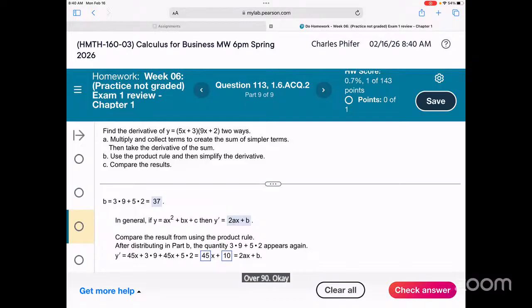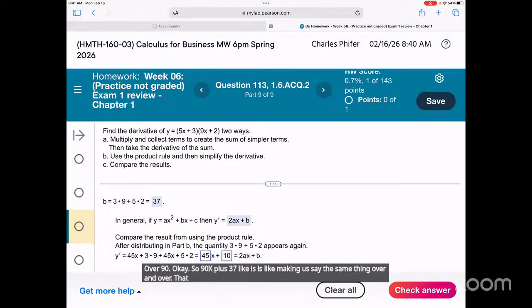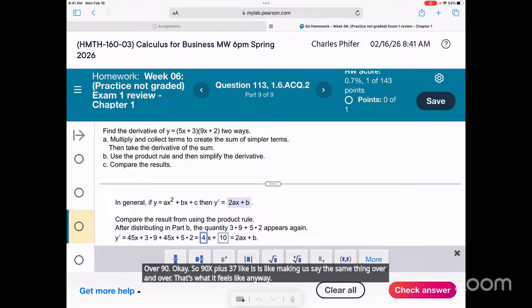Okay, so 90x plus 37. It feels like they're making us say the same thing over and over. 90x plus 37.